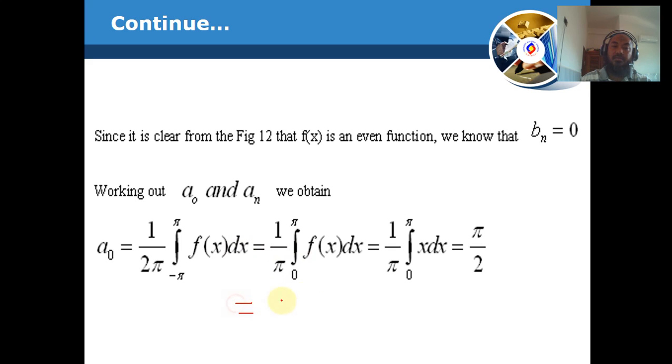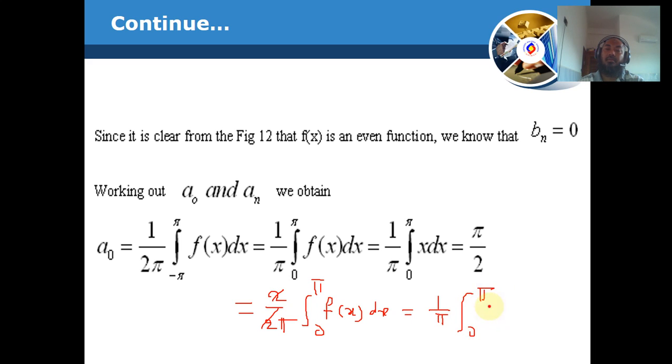So actually it is equal to 2 divided by 2π, the integral from 0 to π of f(x) dx, which equals 1 over π times the integral from 0 to π of f(x) dx.